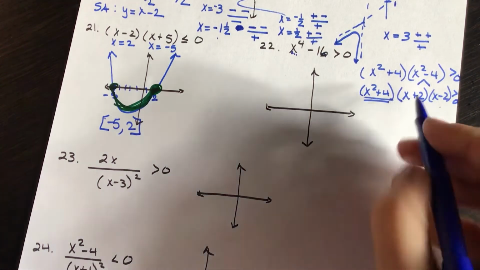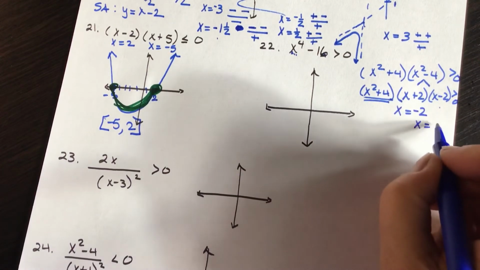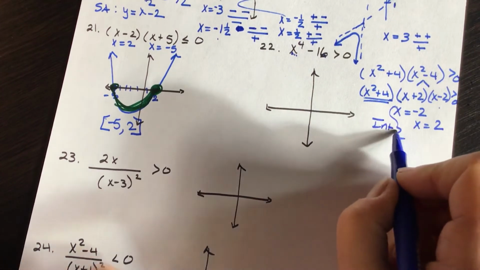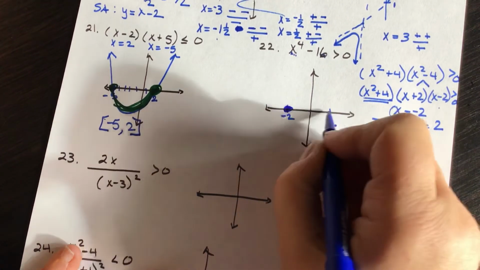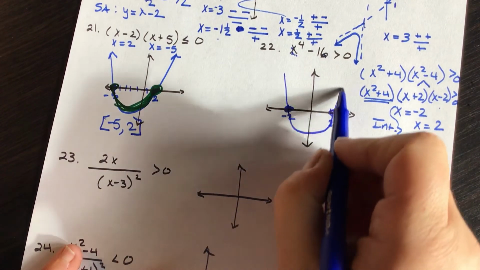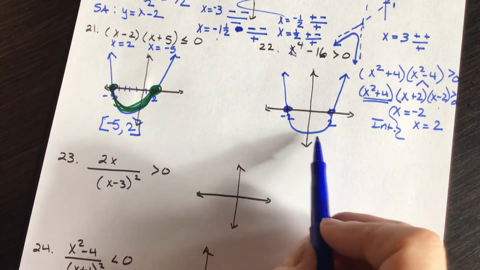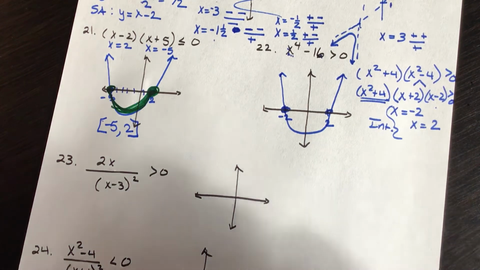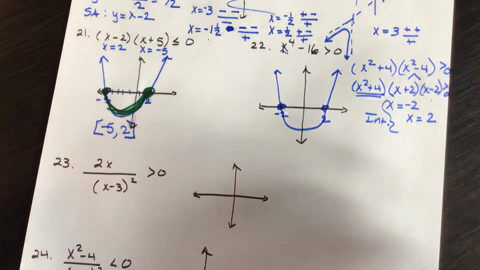But I do have x-intercepts at -2 and +2. So at -2 and at +2, I have intercepts, and this is positive, so it is pointing upwards, a little flat here because of the 4th power. So now I'm looking for the region where it's greater than 0.